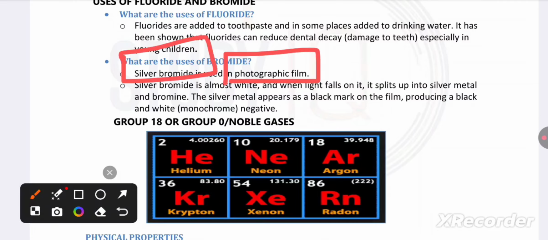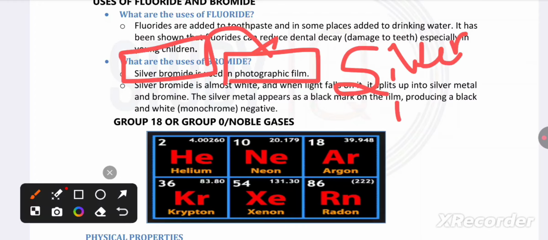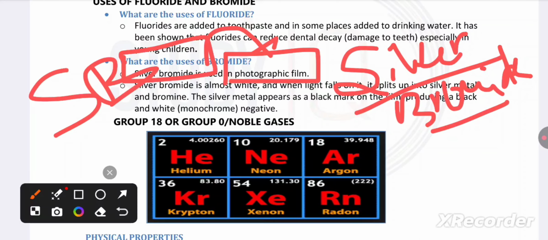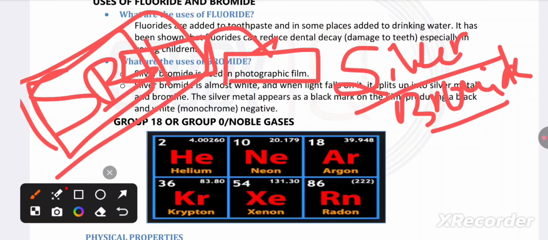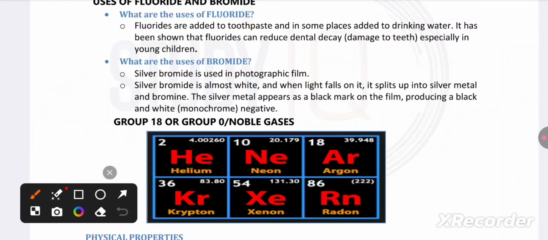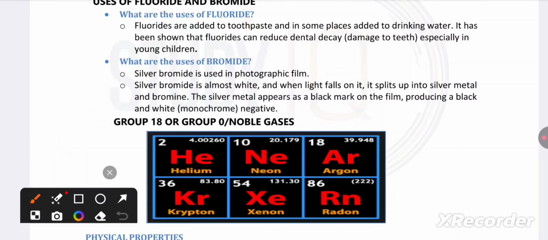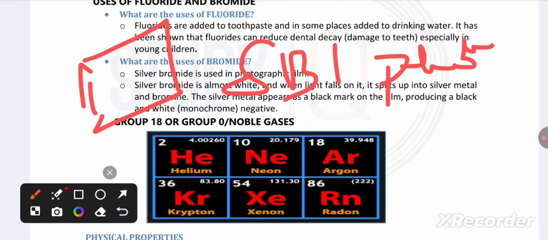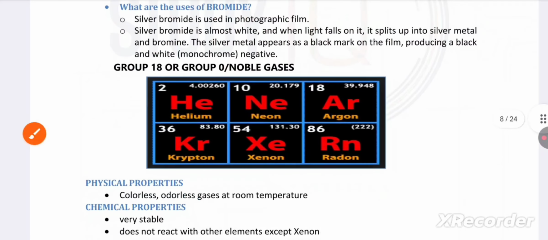Silver bromide is used in photographic film. Silver bromide, we know, SBI bank, SB savings account. When we clear the SBI bank exam, everyone will take a photo, right? SBI photo. Silver bromide, that's it.